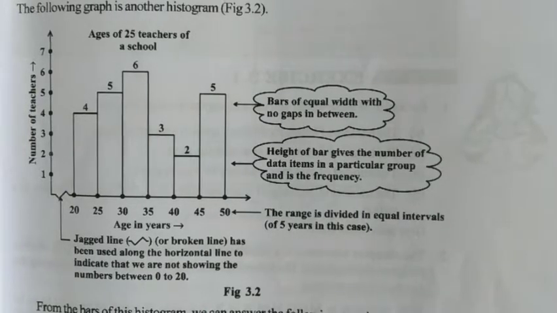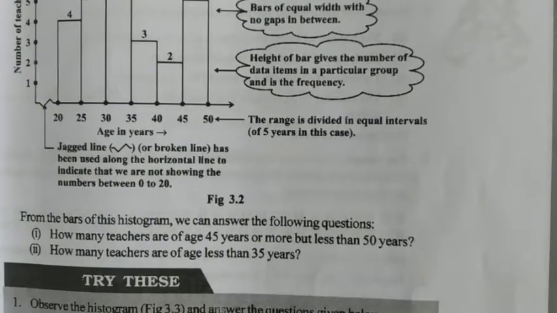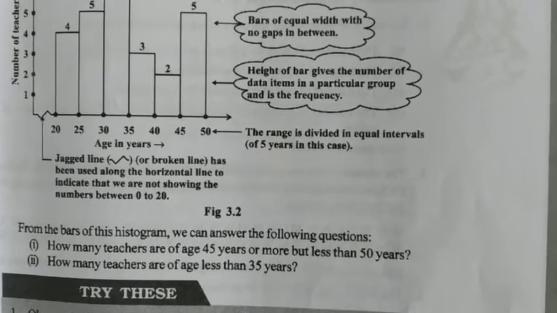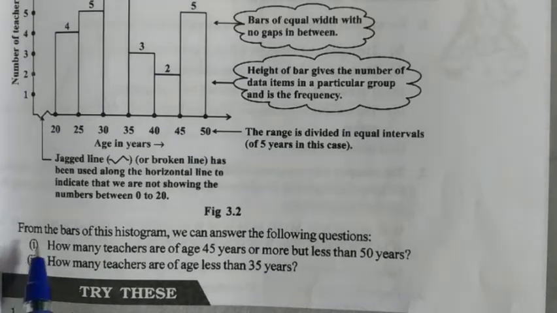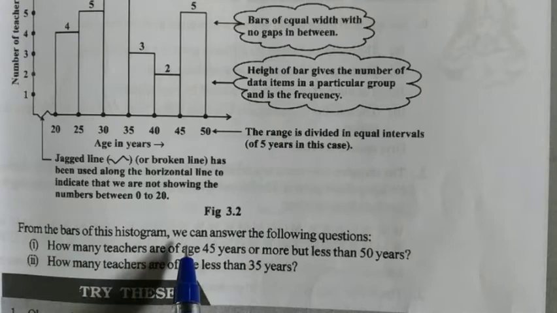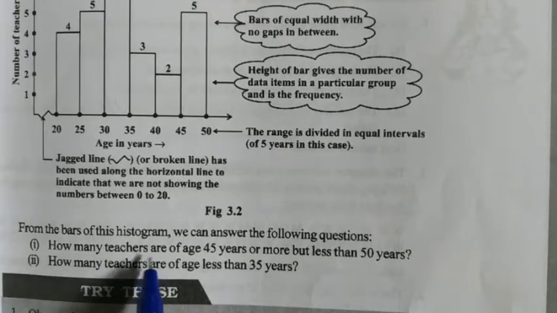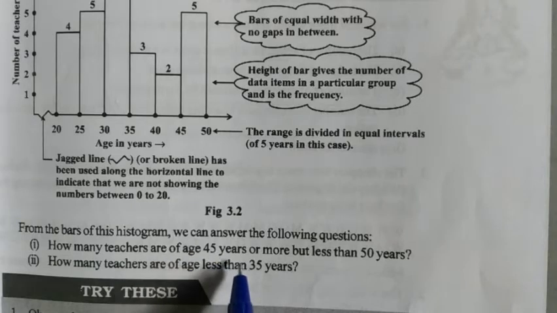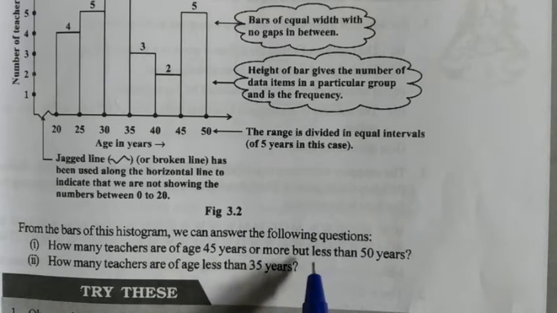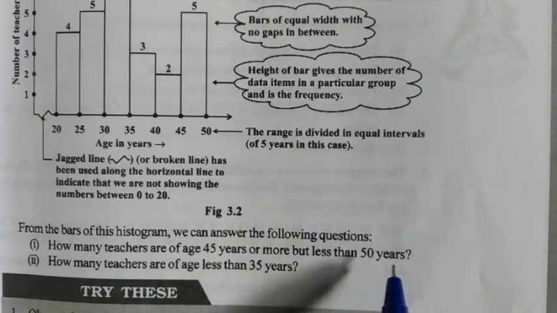By using this histogram, let us now answer the following questions. From the bars of this histogram, we can answer these questions. Okay children, how many teachers are of age 45 years or more but less than 50 years?